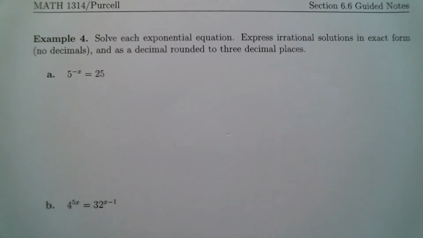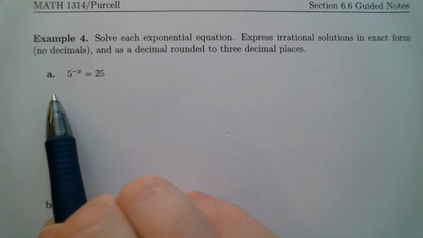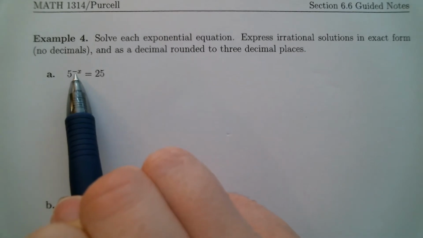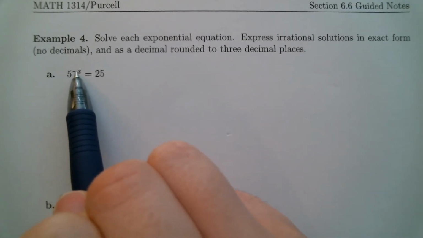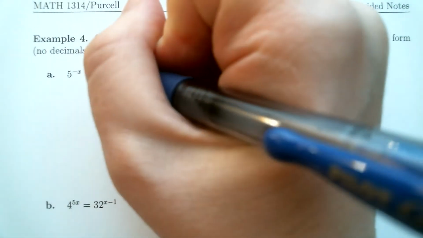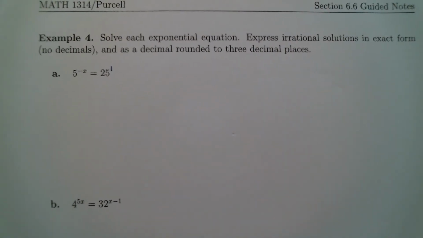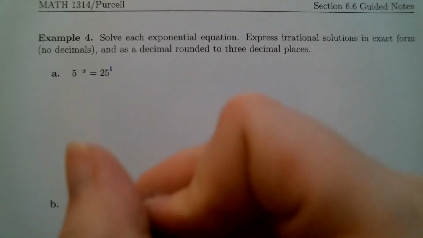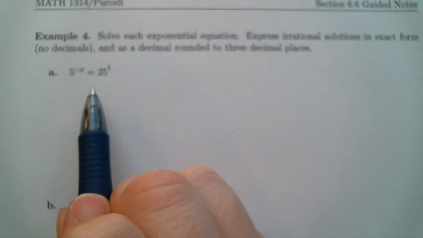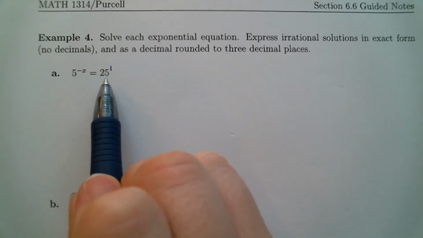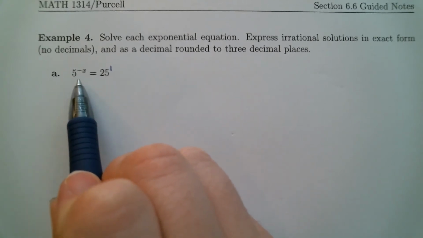So what we tried to do in section 6.3 was to make the bases the same on both sides. If you look at the left side, the base is 5 because that's what you're raising to the power. And on the right side, the base is 25 because you're raising 25 to the first power. So the bases are not the same here, but you can actually make them the same. Usually you're going to want to try to change the bigger number into the smaller number.